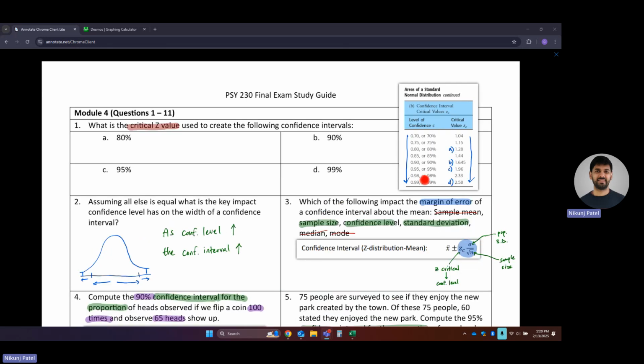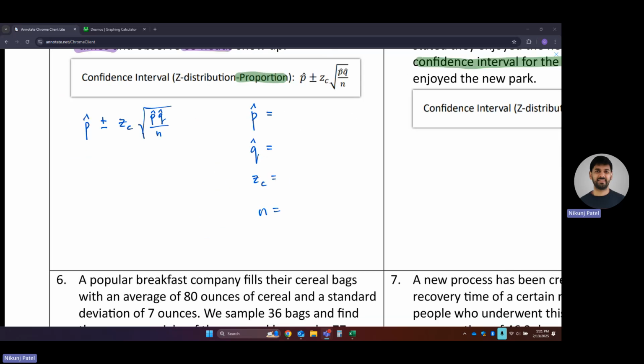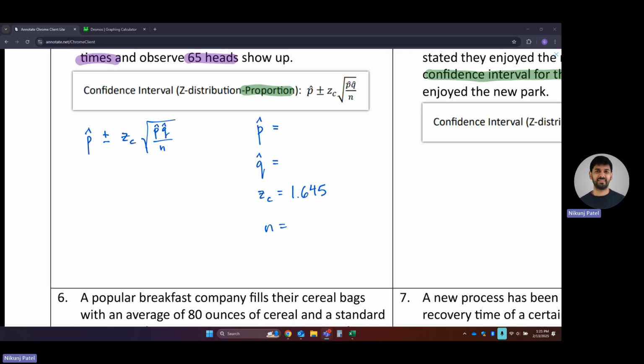You want to find the Z critical value based on that percentage. So we see 90%, there's 1.645. That's the value for Z critical in this problem, 1.645, and I got that from the formula chart. I'll just put a parentheses, 90% confidence interval right there.